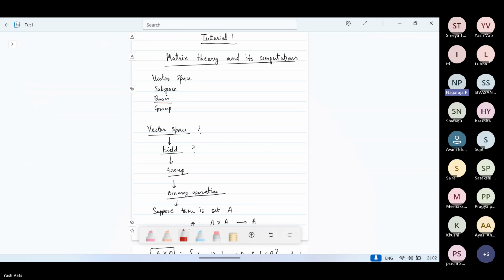Yes, a spanning set is always a subspace, and you can write every subspace as a spanning set. Let me give one example and explain that. Yeah, I will explain it.